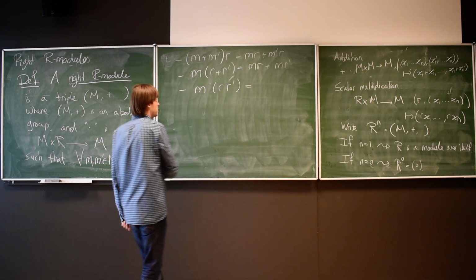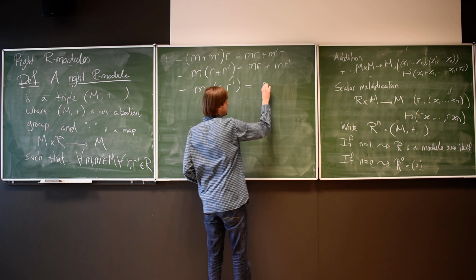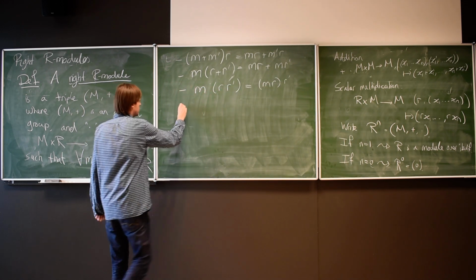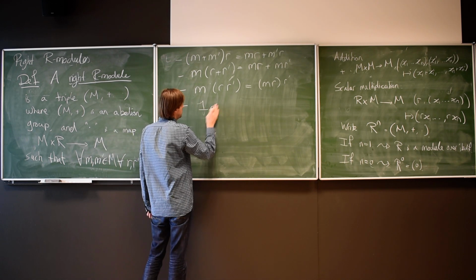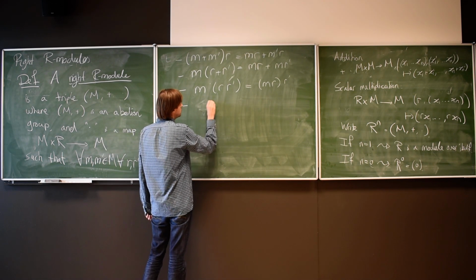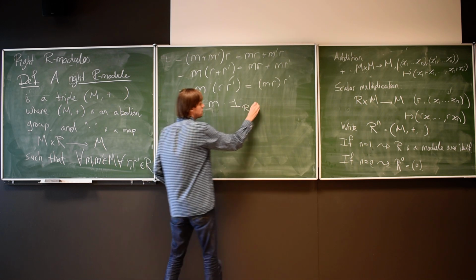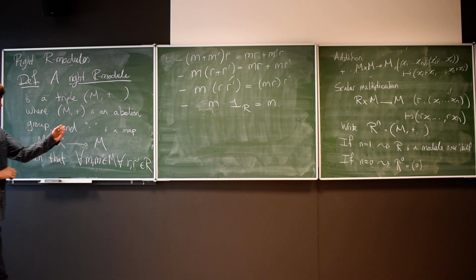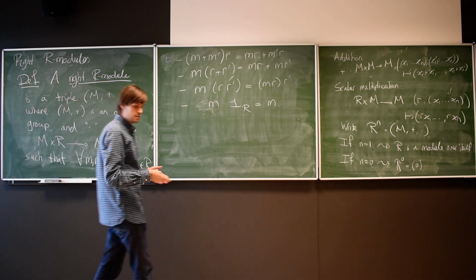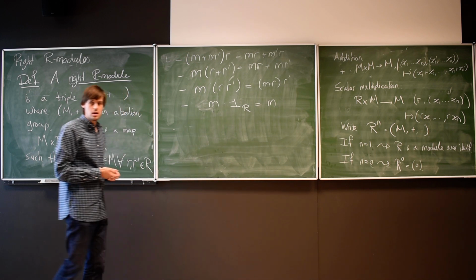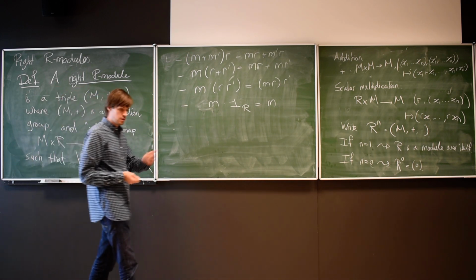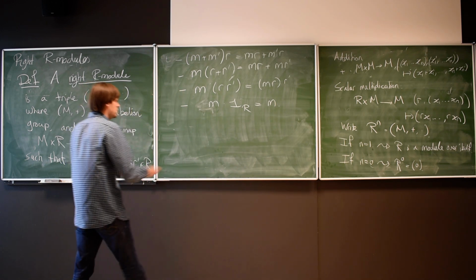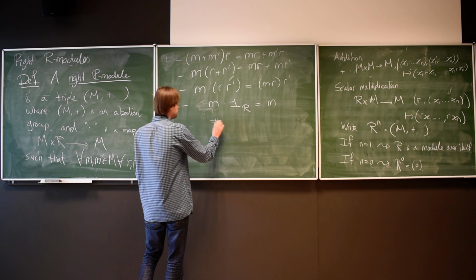So if I multiply on the right with the product, it's the same as multiplying in this way. And finally, again, if I multiply with the unit element, I just get out the module element itself. So again, as before, you can now deduce that multiplying with 0 gives 0, and that if you multiply on the right with -1, you get the inverse. Okay, so this is the definition of right modules.